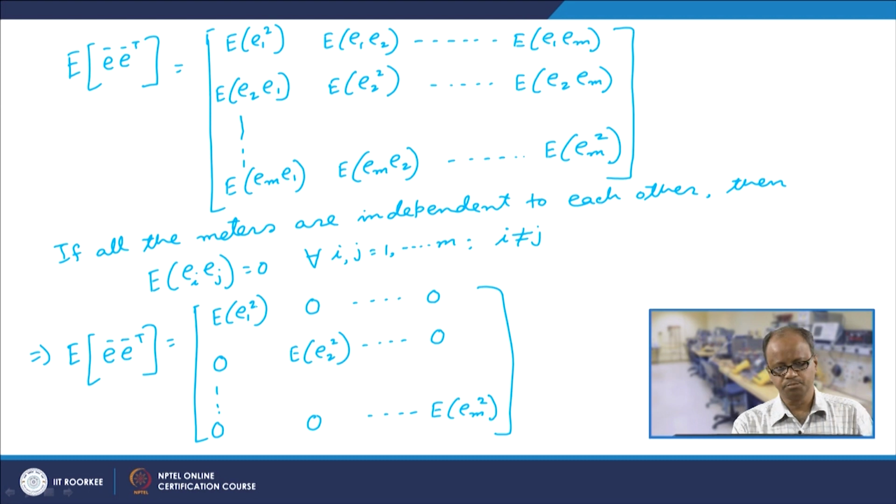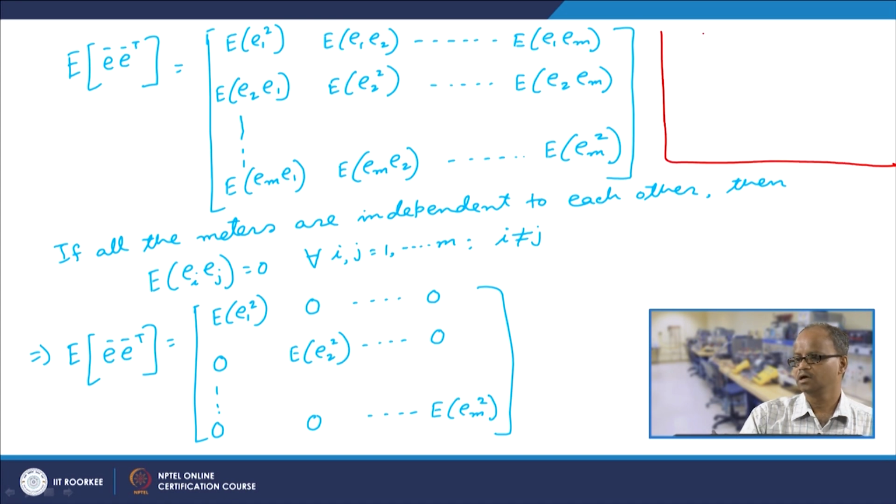Now, what is meant by the expected value of E1 square? If I do a simple analysis, the expected value of e_i is equal to 0. If I denote the expected value of e_i as mu_i, then mu_i is equal to 0.